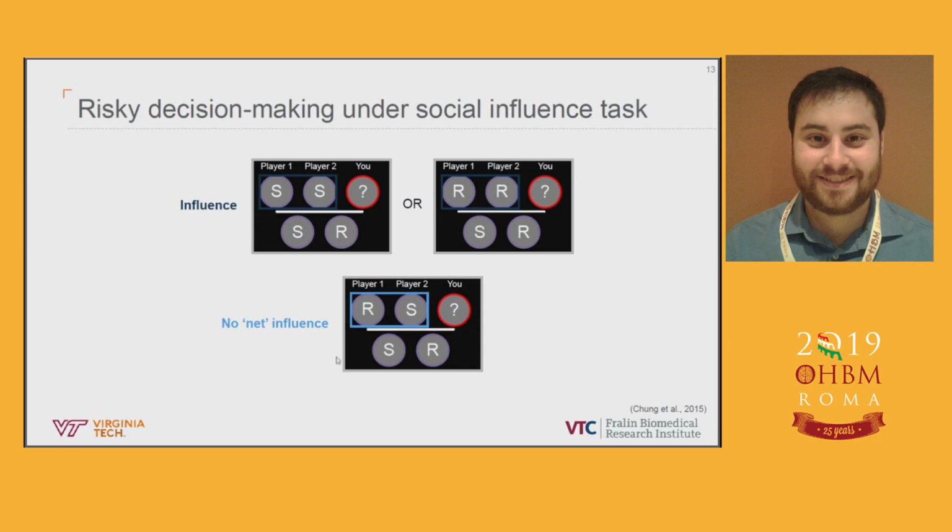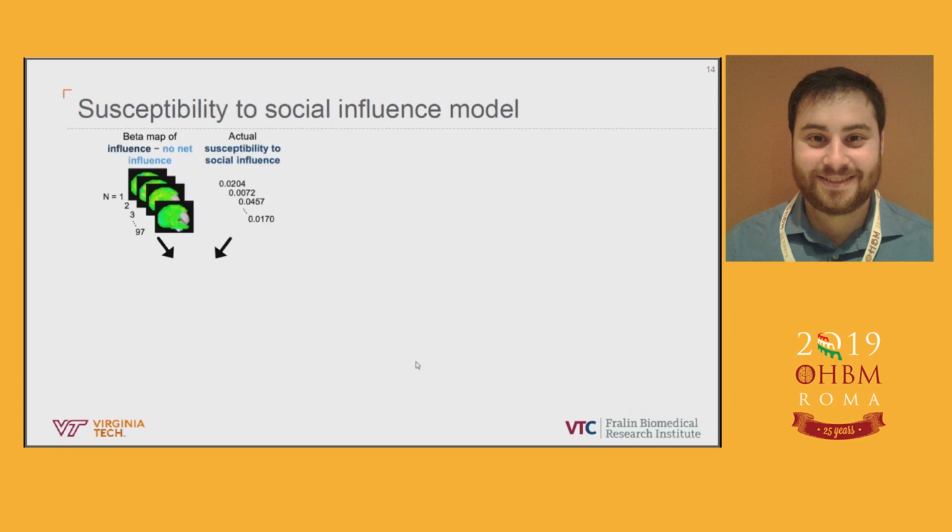And so we'll subtract brain activity during these no net influence trials from brain activity in these influence trials to pull out brain activity just associated with social influence. When we put these beta maps into the SVR along with the true susceptibility to social influence parameter as estimated by the computational model, again leaving one subject out at a time, we get a predicted susceptibility to social influence for each subject.